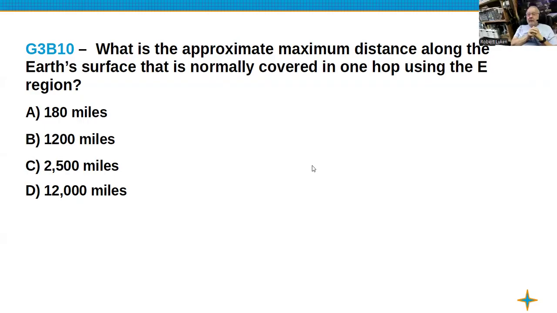What is the approximate maximum distance along the Earth's surface that is normally covered in one hop using the E region? We didn't talk about that either. I must have lost a slide or two. But E is less than F, so it's got to be less of a hop, right? 180 is too short, so it's got to be big.